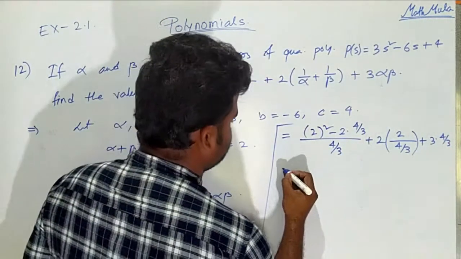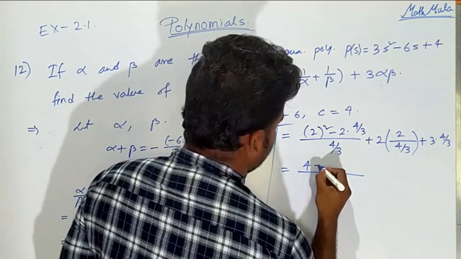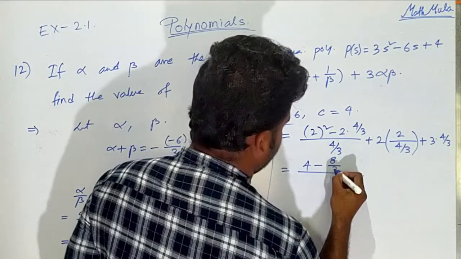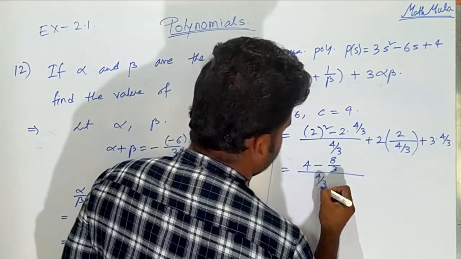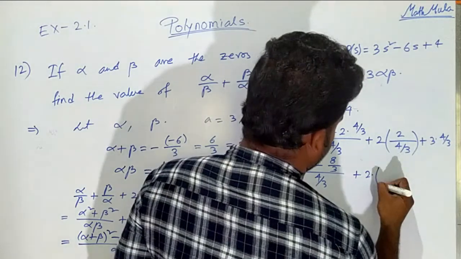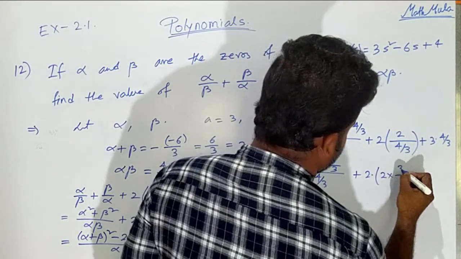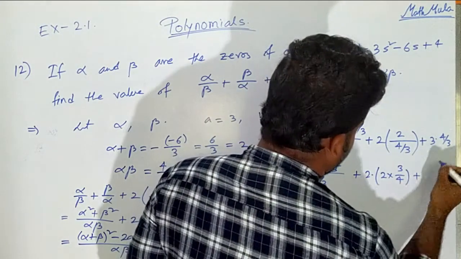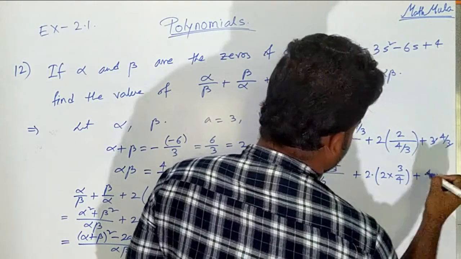Now we solve this. 4 minus 8 by 3, by 4 by 3, plus 2 of 2 into 3 by 4, plus 3, we cancel, it will be 4.